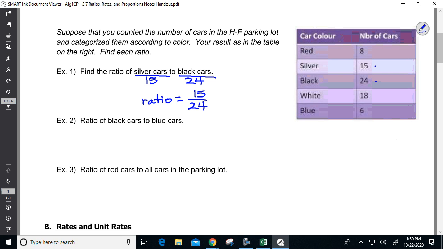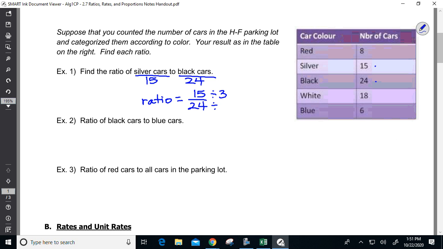So remember, we always reduce. So, what can I divide out of 15 and 24? What can I divide out of 15 and 24? 3.